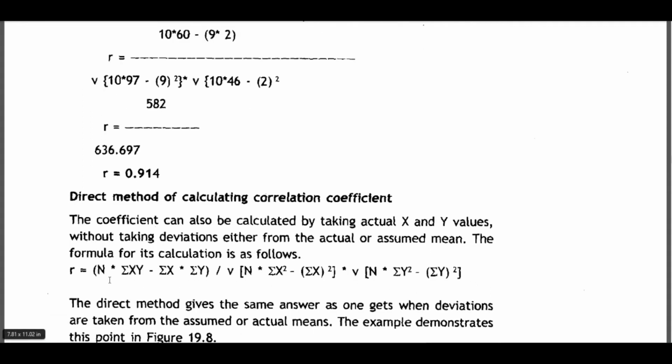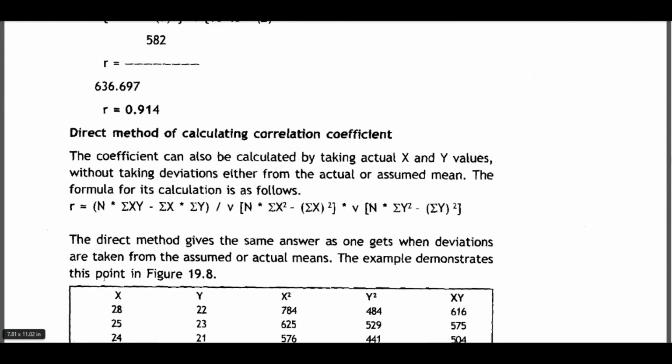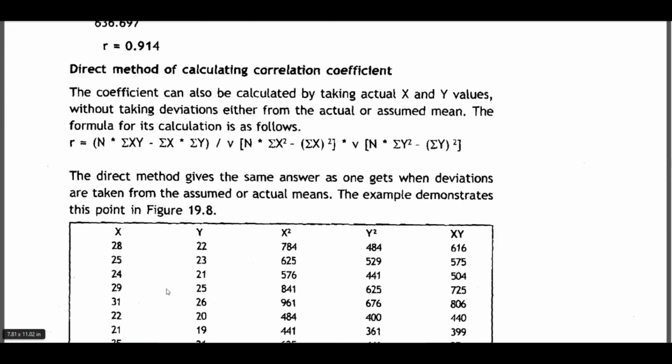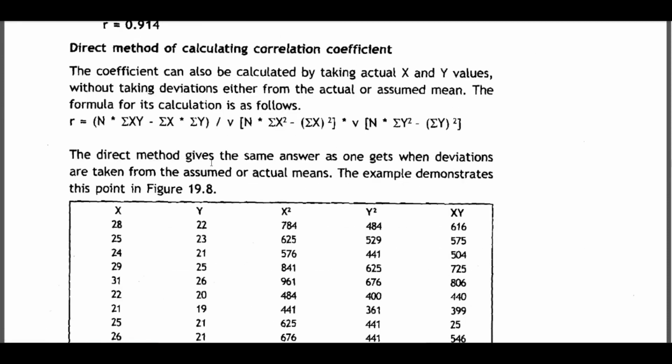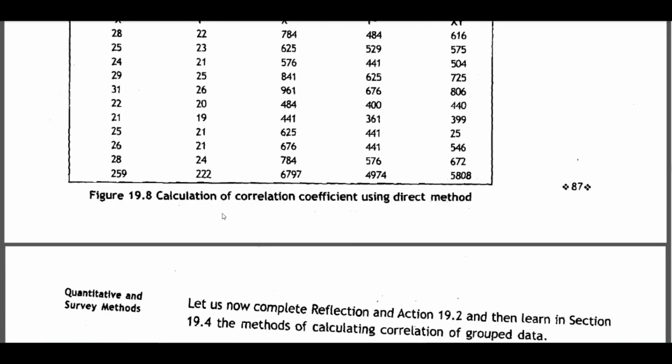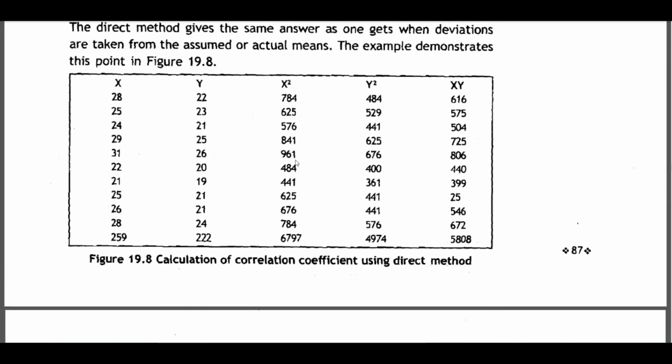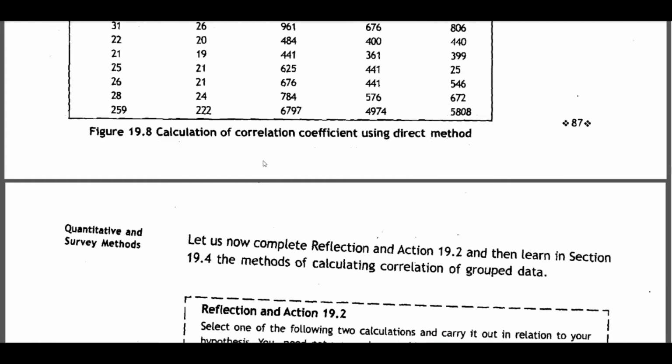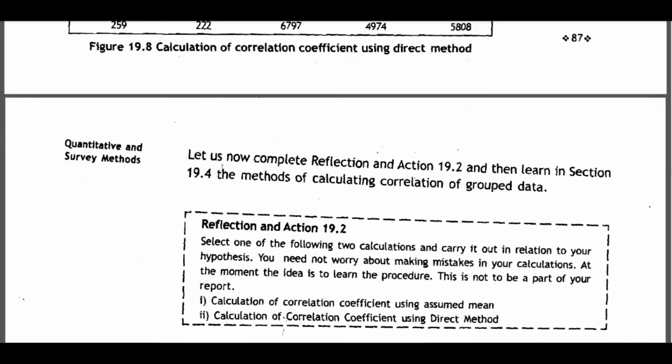If we substitute those values, we will get the result. The direct method gives the same answer as one gets when deviations are taken from the assumed or actual means. The examples demonstrate this point in figure 19.8. So these are the values of x square, y square and xy, taken directly from the x and y values only.